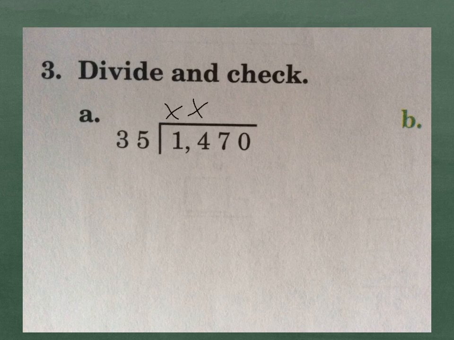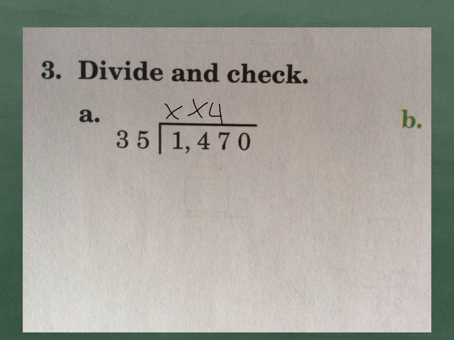And I'm going to ask myself, if I were to cover up some numbers here, how many times does 3 go into 14? I know it goes in 4 times. So let's try a 4. And remember, we're just estimating. It might be right, it might be wrong, but it will be close.